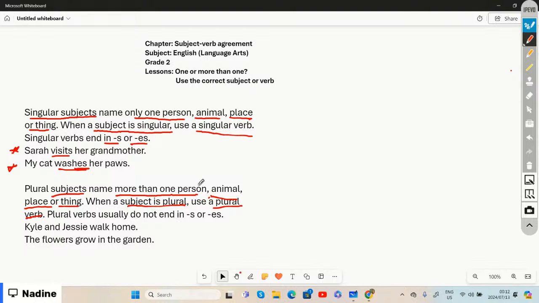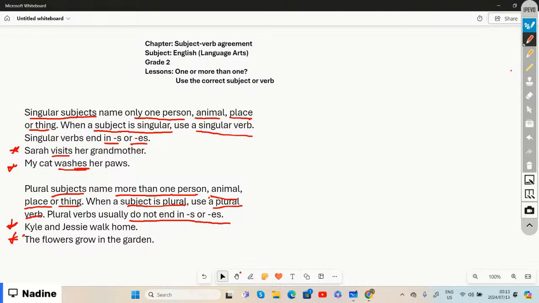A plural verb usually does not end with s or es.